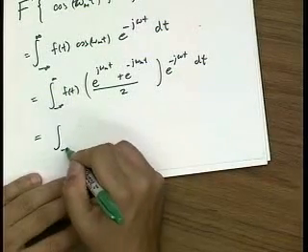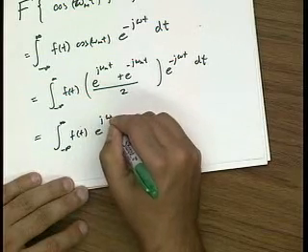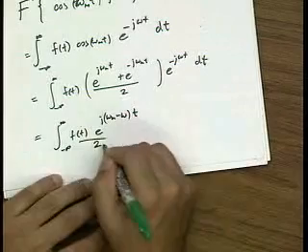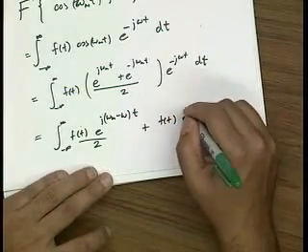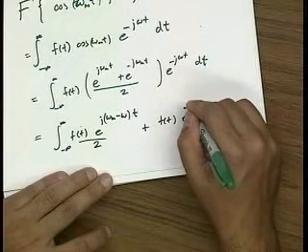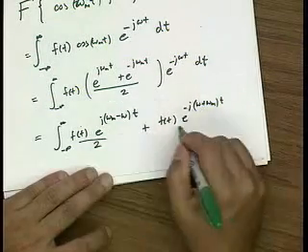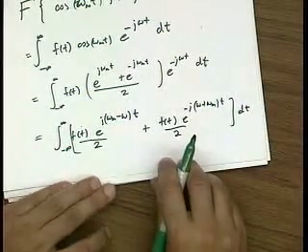So this turns into two integrals, f of t e to the j (omega m minus omega) t divided by 2, plus f of t e to the minus j (omega plus omega m) t divided by 2, dt, right?